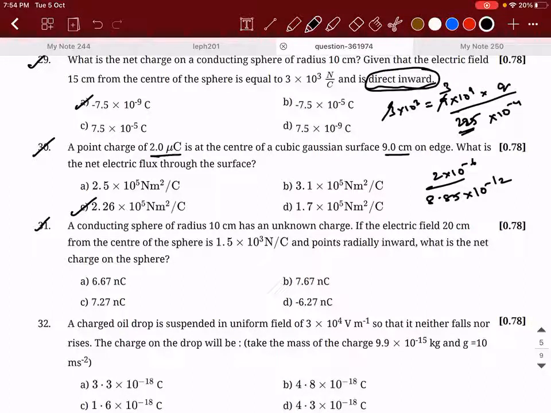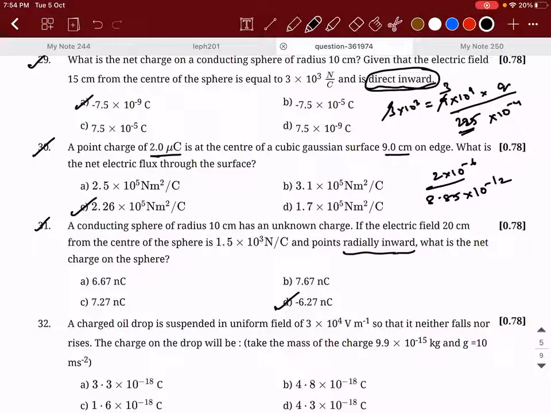It is something similar to the 29th, right? What is the answer? D, sir. Minus 6.27 nanocoulomb. Option D, the last option, sir. That is the only option with a minus sign. Sir, but in solving I got the value as A, 6.6.